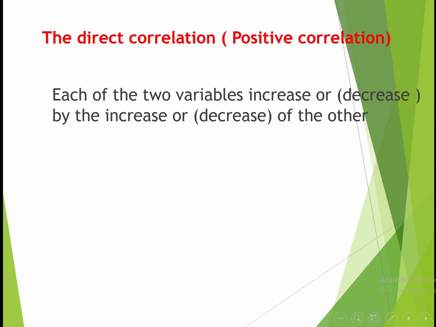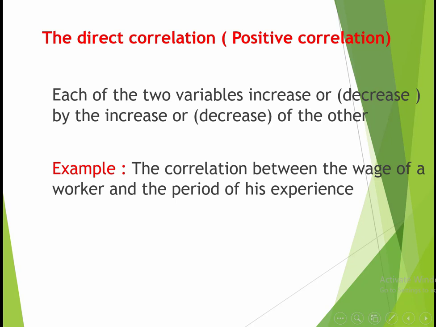If the first variable decreases, the other variable decreases, because they have a direct correlation. For example, the correlation between the wage of a worker and the period of his experience. Since the experience increases, sure, the salary and the income will increase.